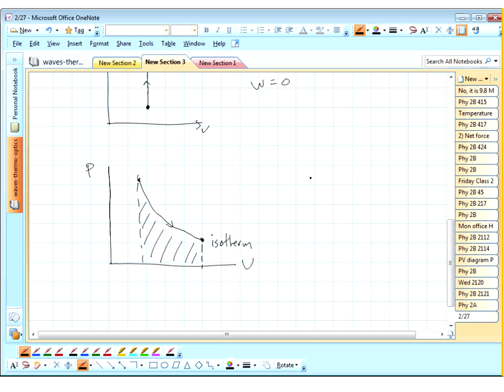And so you've got PV equals nRT, so P is nRT over V, and what you're doing is integrating to find the area under here. It's the integral of this, something like that.